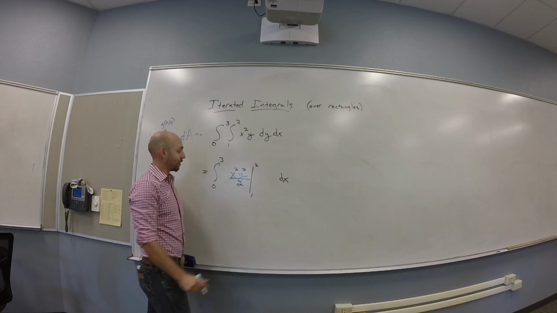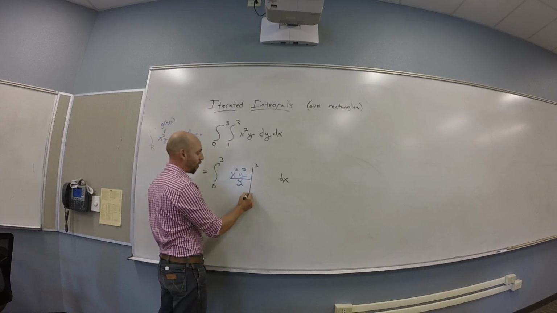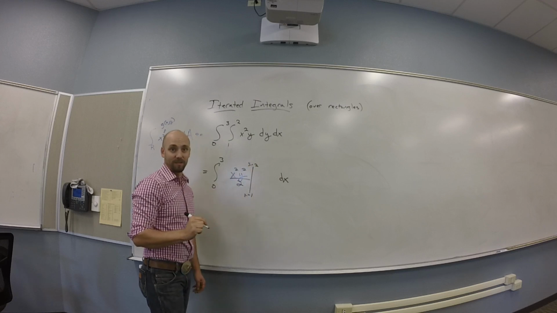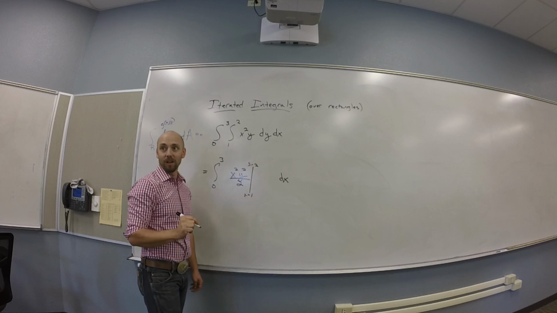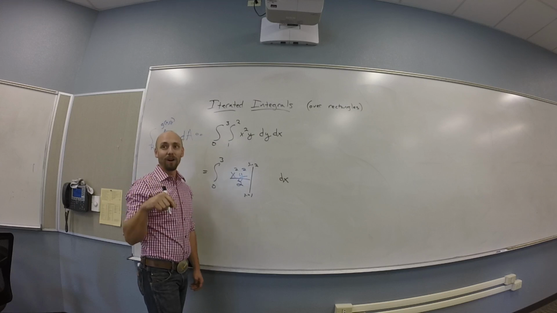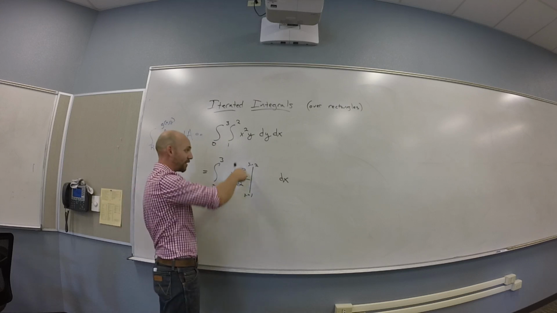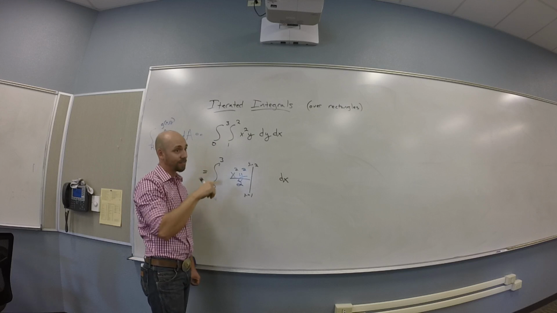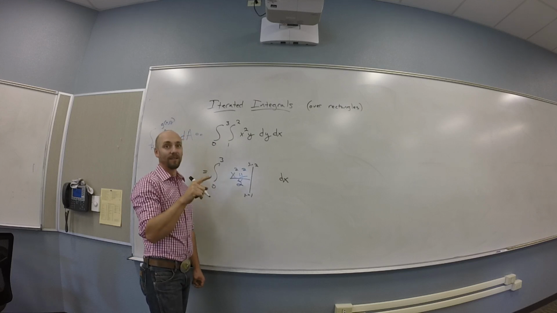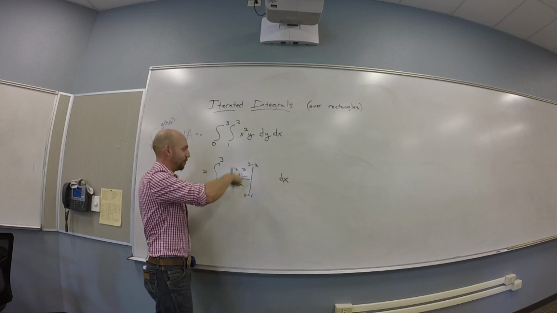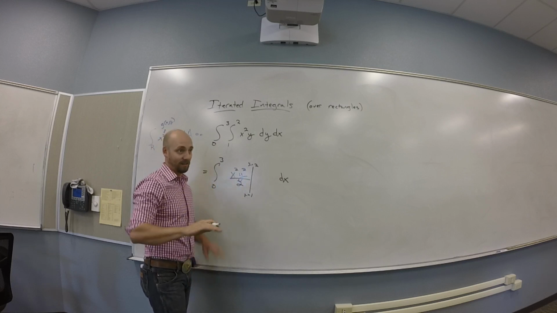At this point, it might be a good idea to write y equals 1 to y equals 2, so that we don't confuse it with x. You want to plug in 1 and 2, but they need to go in for the y's, not for the x's. So be careful with these. I don't care whether you write them or not, just get the problem right.